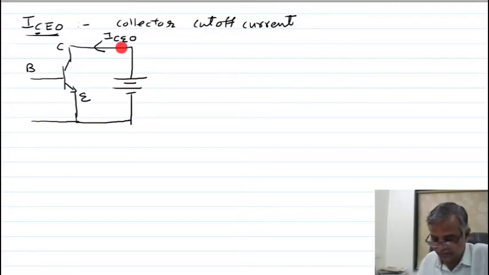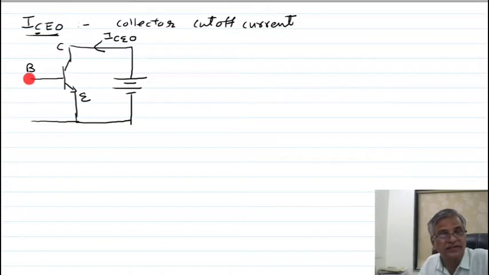Listen again carefully. What is the meaning of this? When base is open circuited and collector is kept in reverse bias, then the reverse leakage current flowing from collector to emitter is called collector cutoff current ICEO.